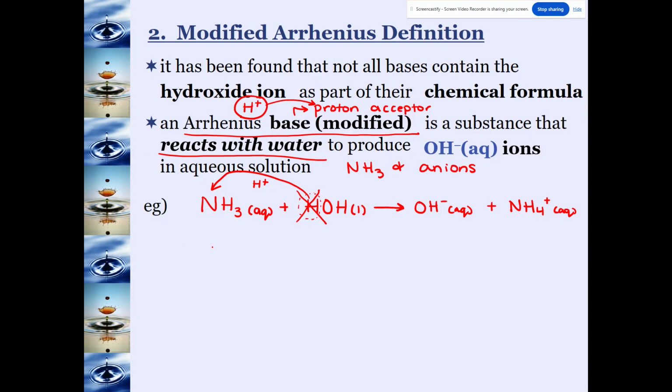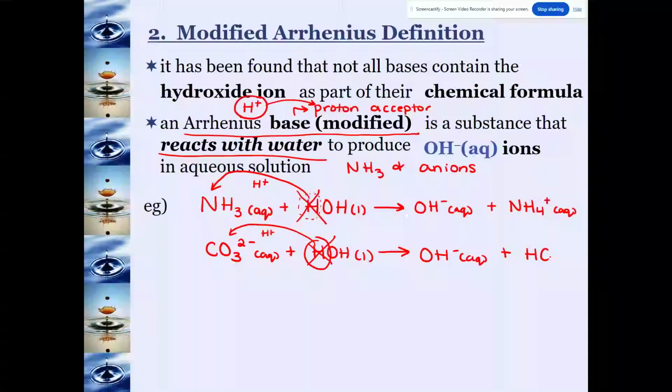So let's say you have the carbonate ion, CO3 2-. If I put that in water, it is going to again take the hydrogen from the water or the proton from the water. When the water again loses that hydrogen, we are again left with hydroxide ions. Now the other ion that we have, CO3 had a 2- charge, and hydrogen plus is going to bond to it to make HCO3.